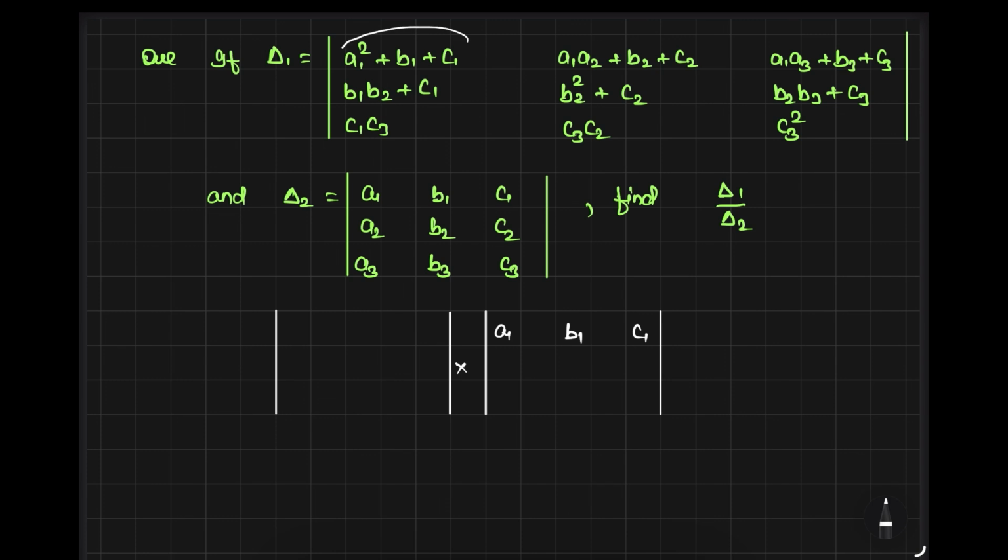You know that this is a11, which means the first row is multiplied with the first row, so this is your first row. Now you wish to have a1 square, so what should we do with this a1? We should multiply by a1. Now what should we multiply with this b1 so that you can have b1? It's 1. What should we multiply with c1 so that you can have c1? It's 1.